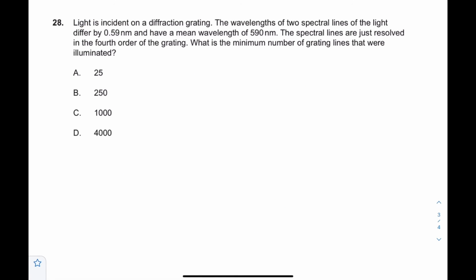Now proceeding on to the next question: light is incident on a diffraction grating. The wavelengths of the two spectral lines of light differ by 0.59 nanometer.